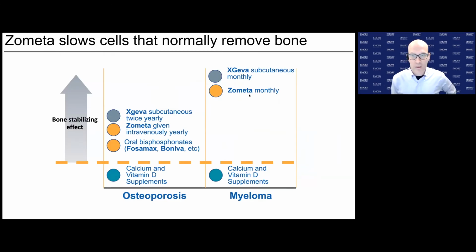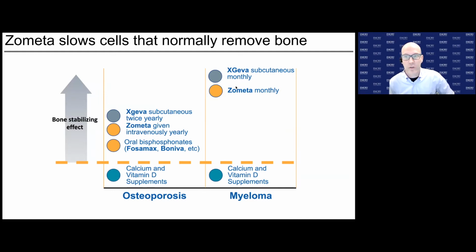Zometa overall, this is a complex chart. Once you look at it, on the left-hand side, it's your bone-stabilizing effect and what you can use for patients with osteoporosis and what you can use for patients with myeloma. I often get the question, why is it that in osteoporosis they tell me to use a lot of Fosamax, but I don't hear about Zometa and Xgeva?